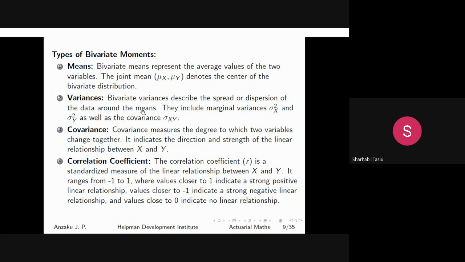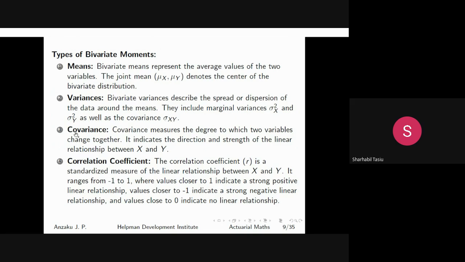They include the marginal variances, which we talked about last week, that is sigma squared of x and sigma squared of y, as well as the covariance sigma xy.